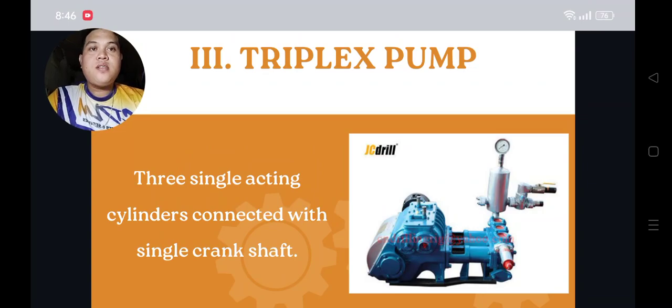Third is the triplex pump. Three single-acting cylinders connected with a single crankshaft.